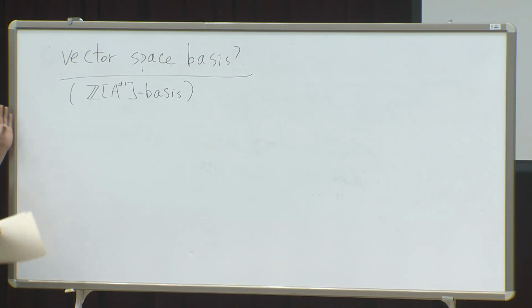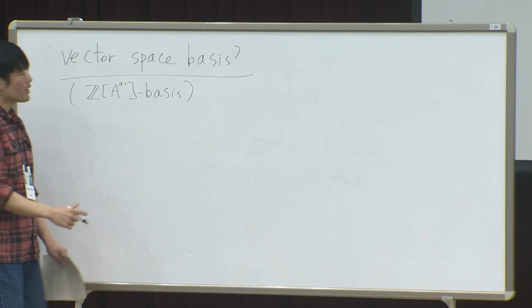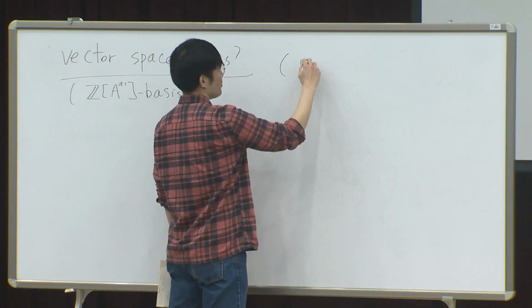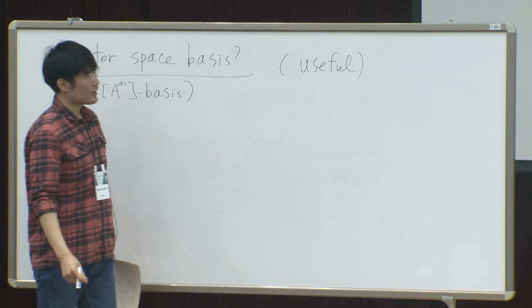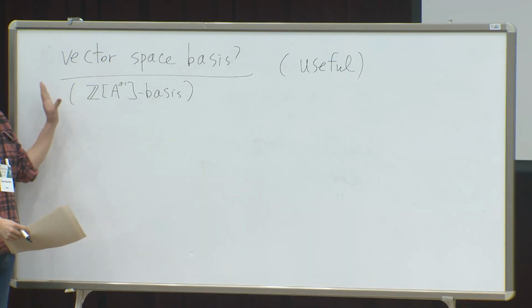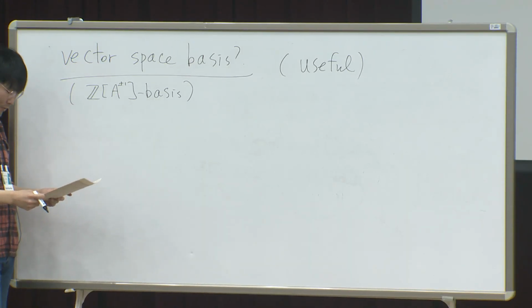I don't know how canonical this kind of approach is, but at least if you have a vector space basis that is constructive enough, then you can use it to prove other properties. So at least it's very useful, even if you don't see how fundamental this problem is. If you have such a thing, it will be very useful in proofs, and that was actually the case in the literature.